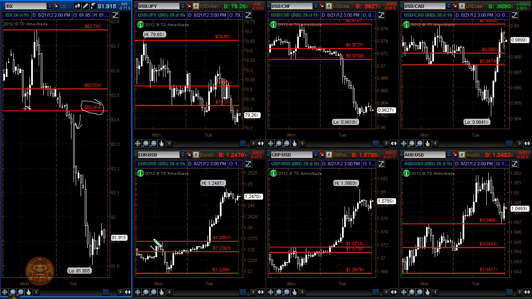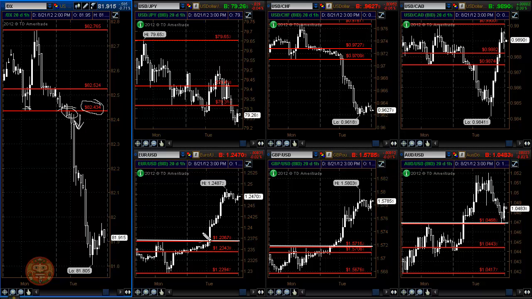So the market basically had the kind of response that we were looking for in the rest of the currencies. Take a look at the euro, a nice big breakout here. The pound also had a nice breakout above yesterday's high, and of course the Australian dollar as well put in nice movement above yesterday's high and basically continued to go. This is what we call a break and go. You have the breakdown of the key level in the dollar, and it was go time.